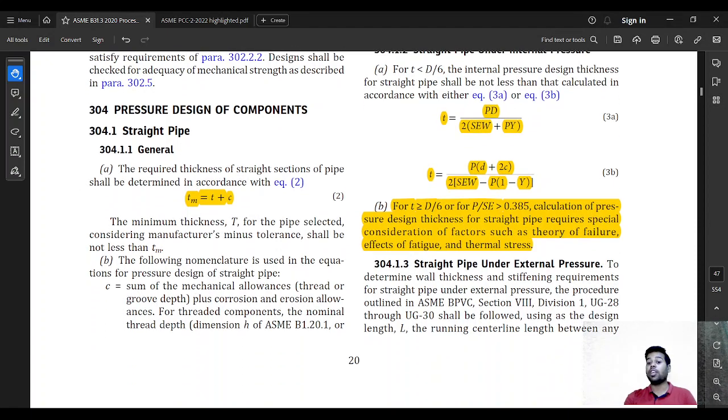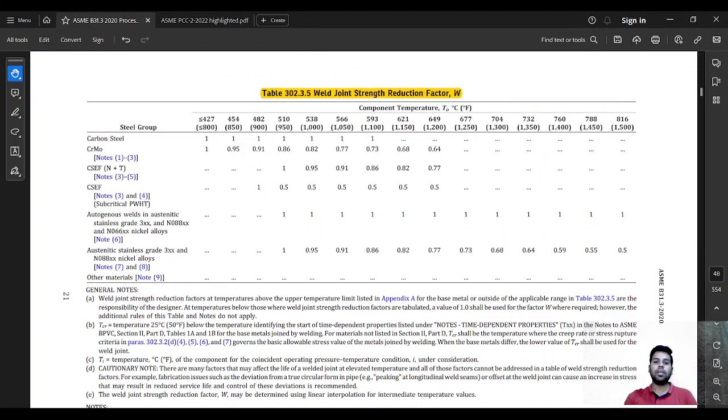Straight pipe under external pressure. So joint strength reduction factors. These are strength reduction factors based on the component temperatures. As your component temperature increases, the strength of the material reduces. So this W, weld joint reduction factor, is based on the temperature, which is not taken into consideration when you are considering the Barlow formula that was given in API 570.